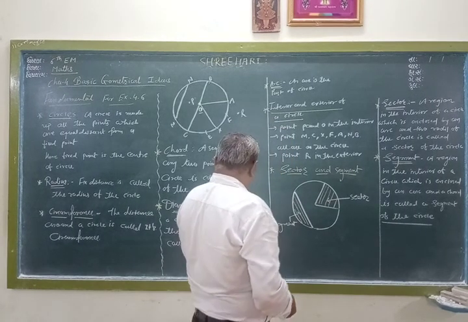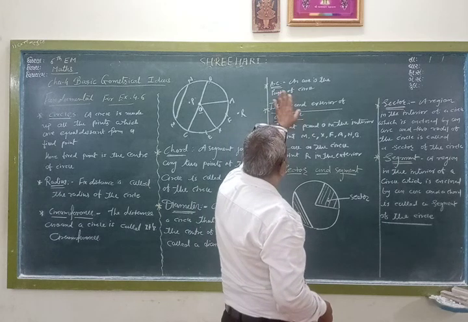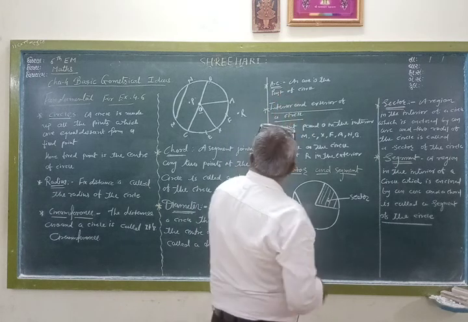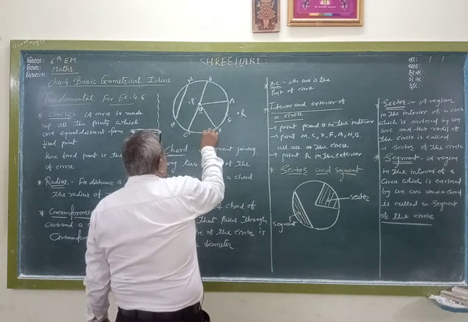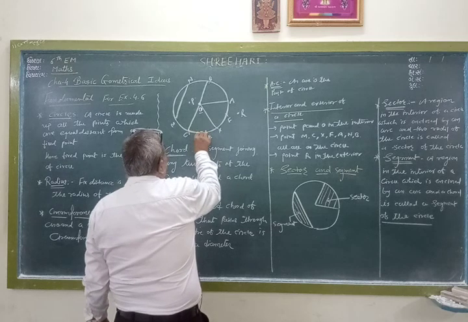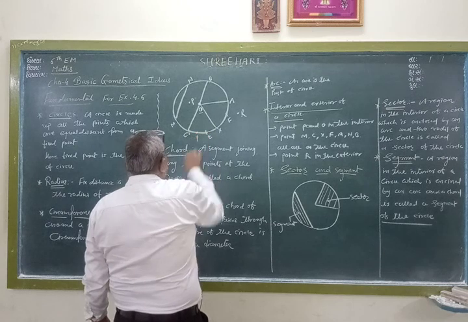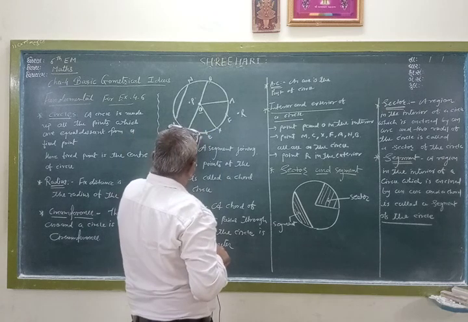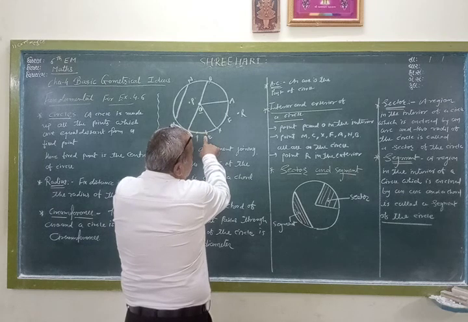Now friends, arcs. Any part, suppose this CE is a part, and I draw M Y. Friends, CE is a part of the circle.